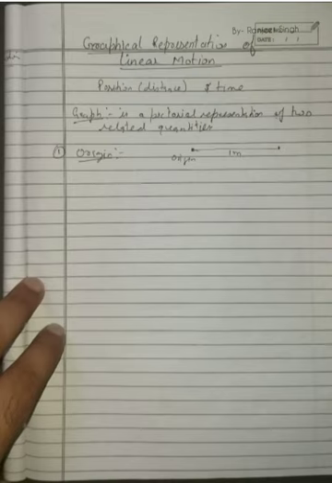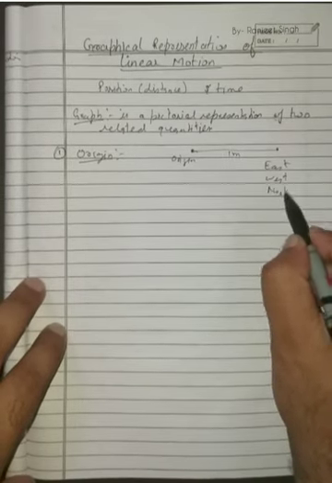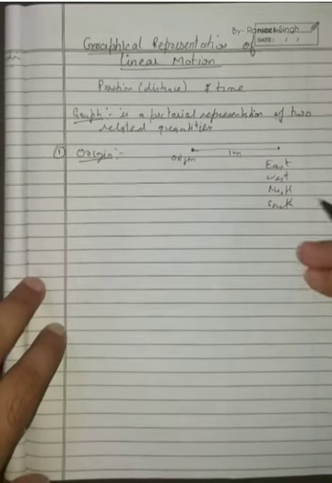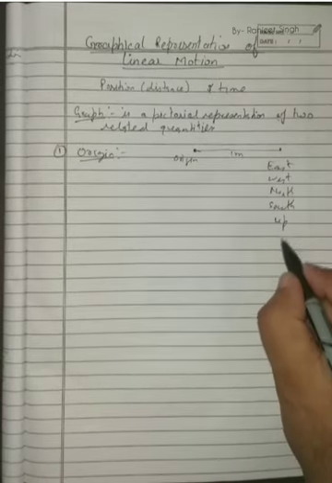We actually have 6 directions. 6 directions means we already know east, west, north, south, and we need 2 more, up and down. So we have 6 directions.